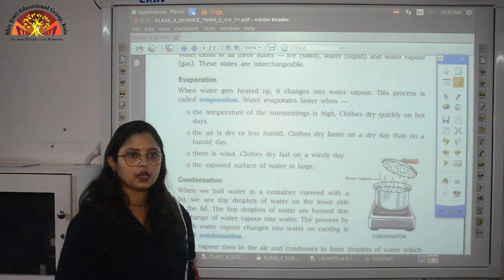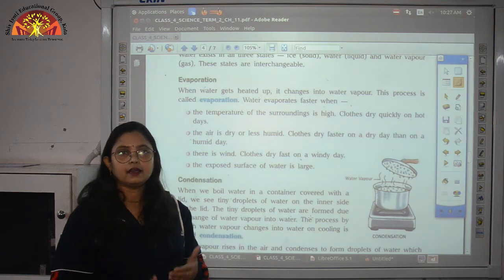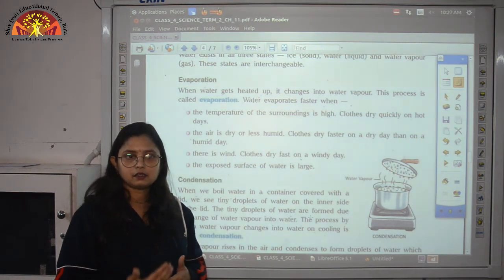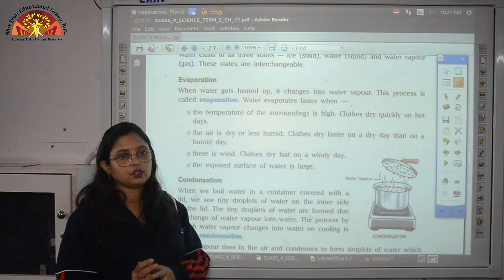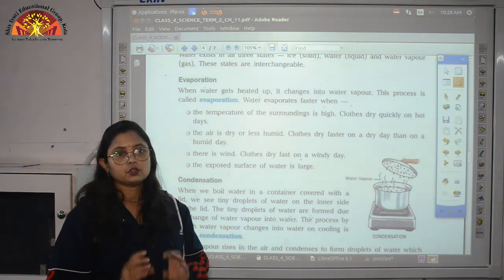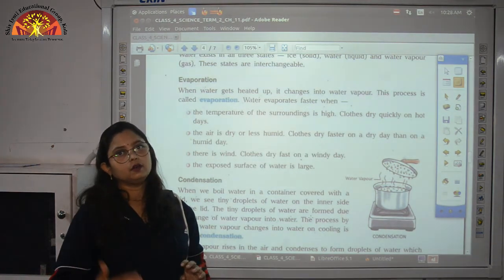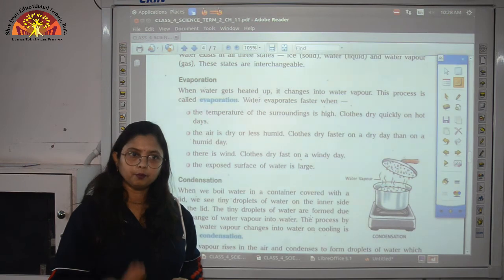So children, when you spread the clothes properly for drying, they get dried faster as compared to when you put them as they are on the rope. Okay, so if the exposed surface area is more, then the evaporation will be more.